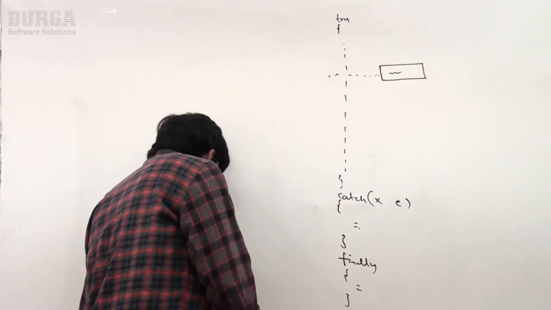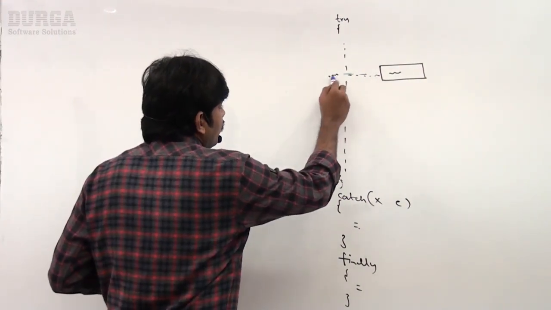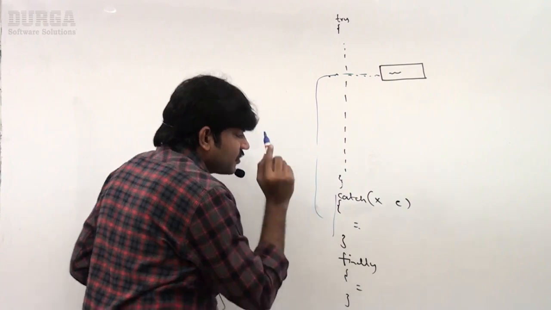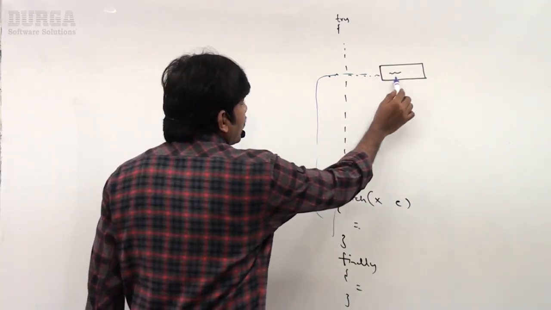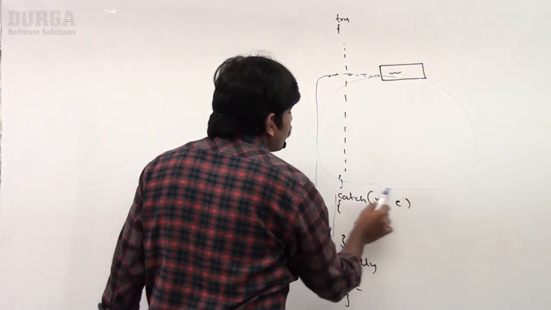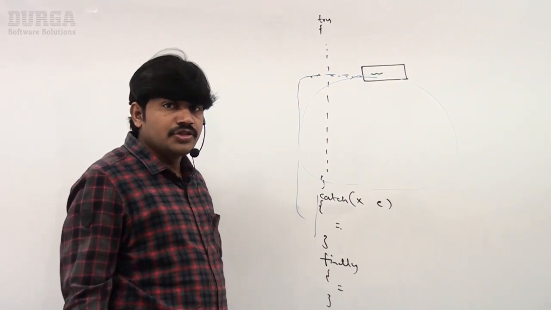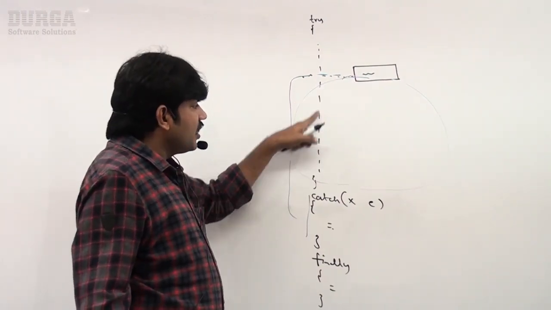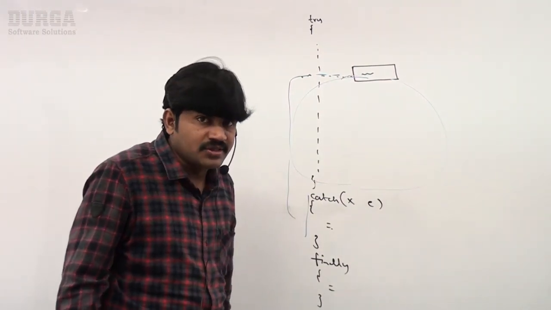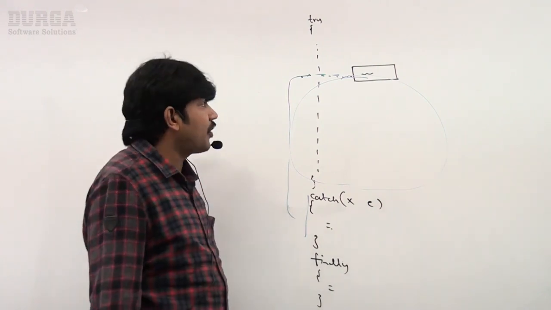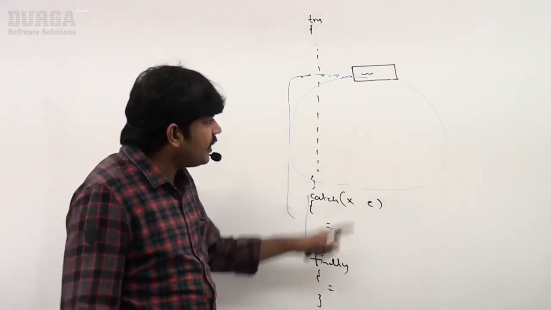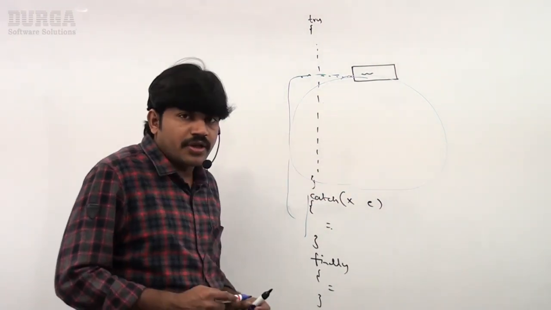Now the control goes to this catch block, and then the remaining code is not going to be executed. Assume that after this there are around 10,000 lines of code, and they are not executed. Is it a problem or not? Yes, definitely it is a problem. This much code is not going to execute.